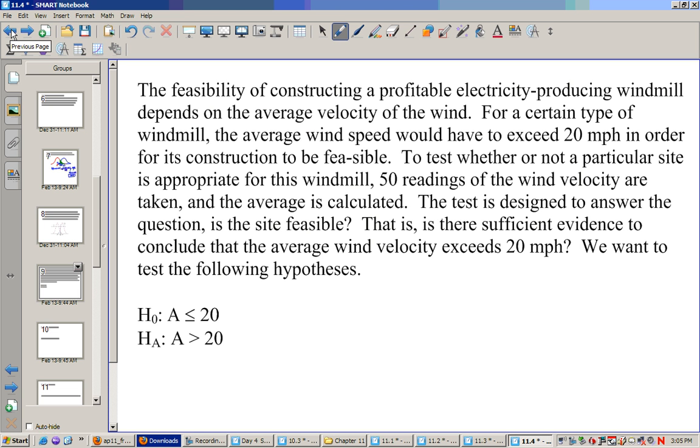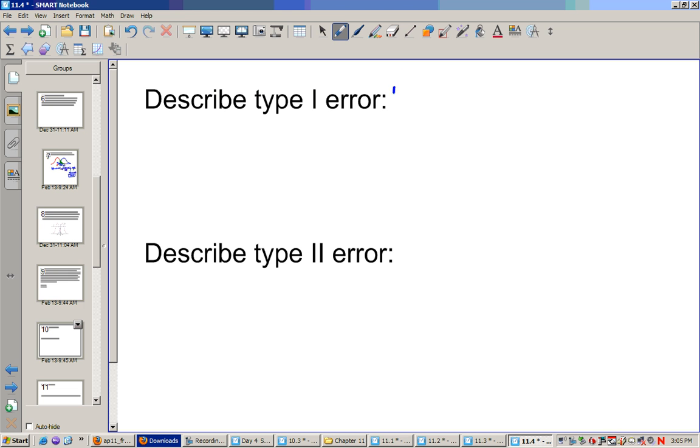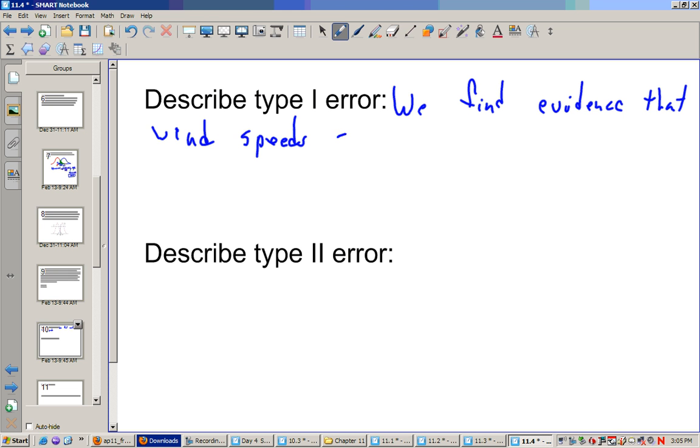So with type 1 error, we think that we find evidence that wind speeds are greater than 20, but they are actually less than 20.